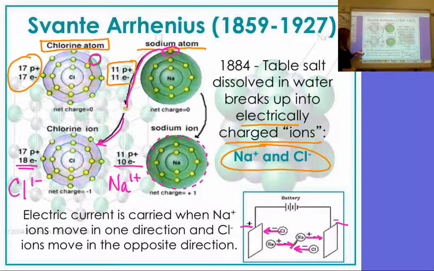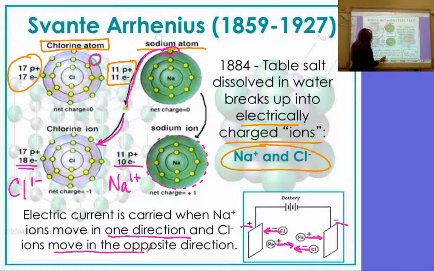If you have dissolved particles in there that are charged, so electrolytes or ions, they can move with a current, such as a battery, because the sodium moves in one direction, in this case to the right, towards the negative side, and chlorine moves in the opposite direction, in this case to the left, to the positive end.